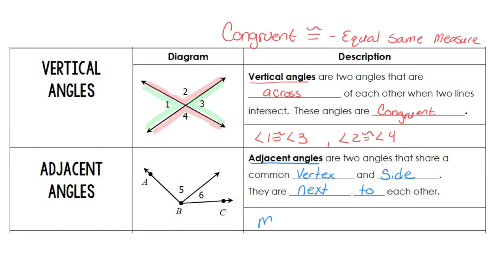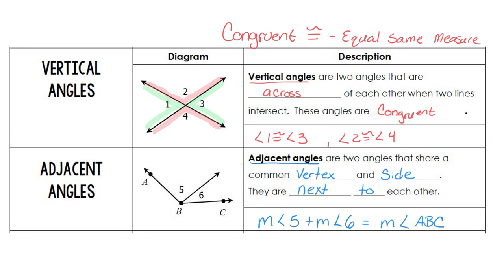So, an example here, the measure of angle 5 plus the measure of angle 6 equals the measure of angle ABC.